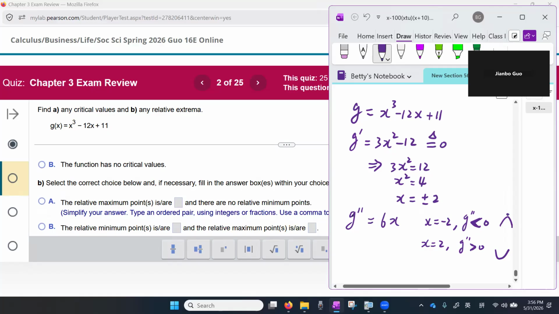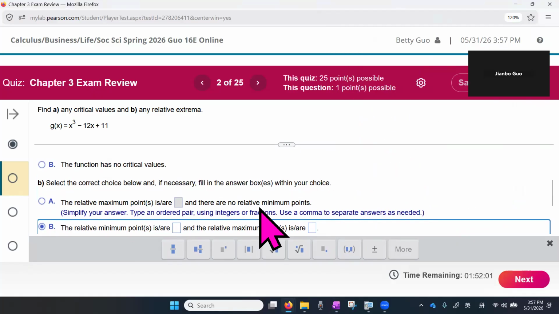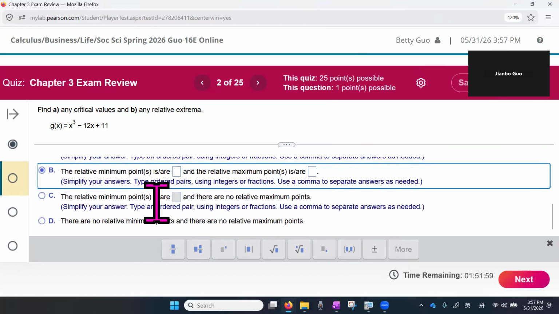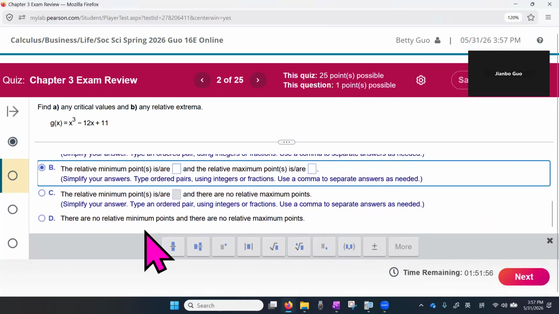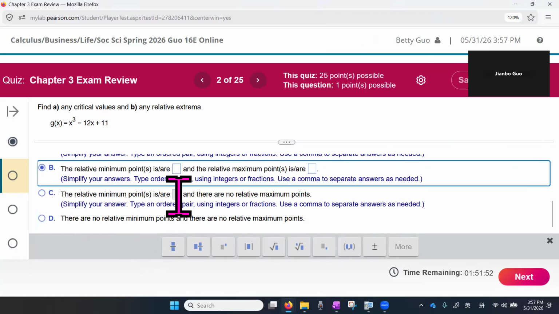So the function has a maximum at -2 and a minimum at +2. So we need to remember that. The relative minimum and the relative maximum, choose this one. A says no minimum, C says no maximum, D says neither. So we choose B.